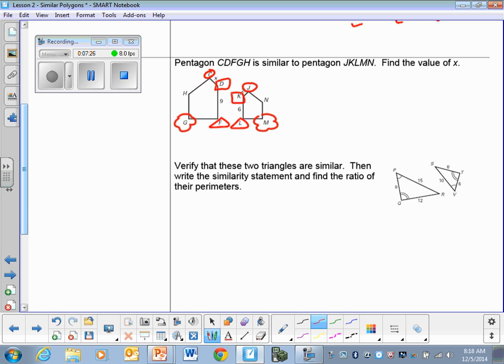So since G is in the 4th position, M is in the 4th position, that means those angles are congruent. Alrighty, so these are oriented differently. There's a reflection going on. It looks like x over 2 will equal 9 over 6.